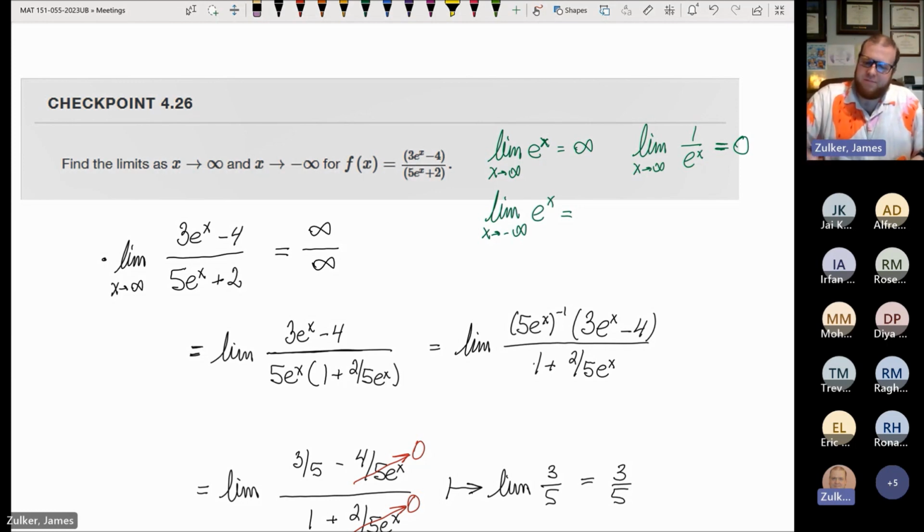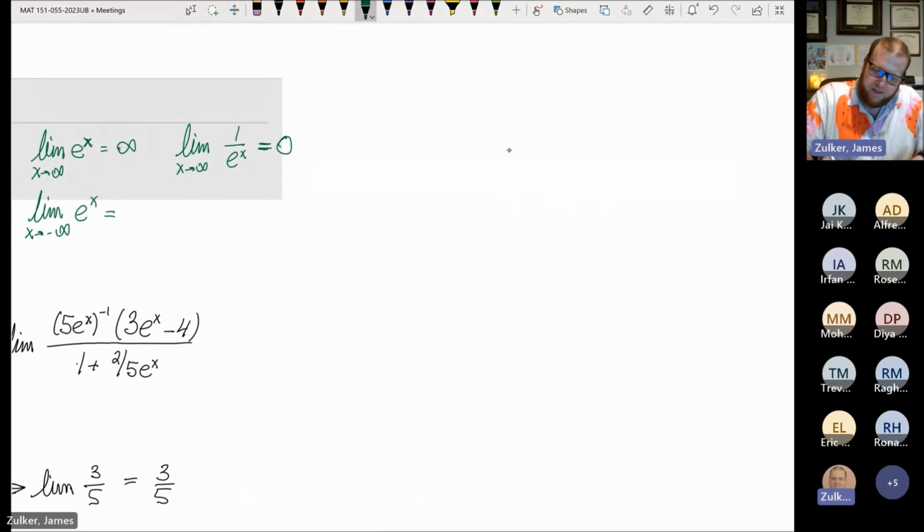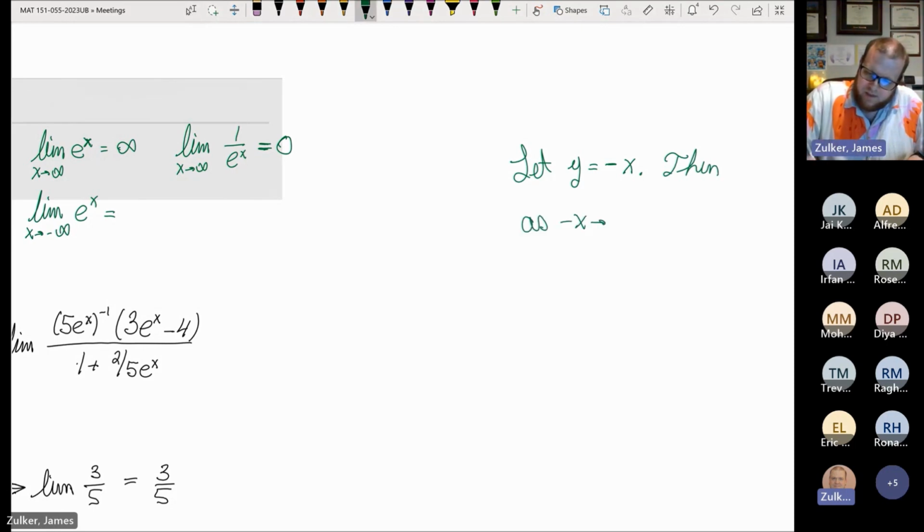Well, here's a simple way of looking at it. Do a change of variable. Let y be negative x. So as x approaches negative infinity, what is y going to tend to?